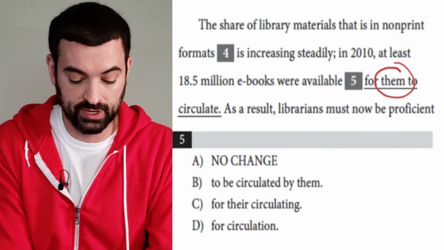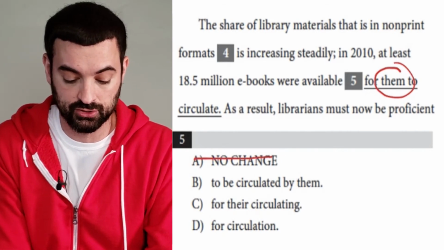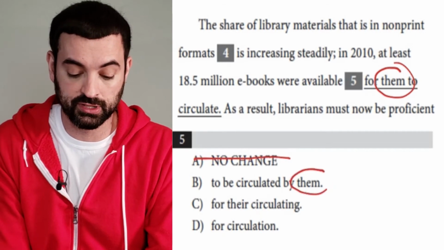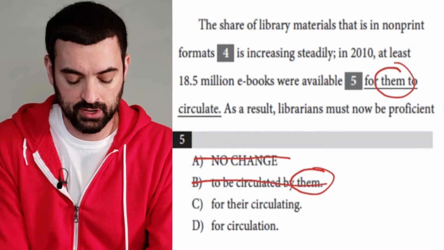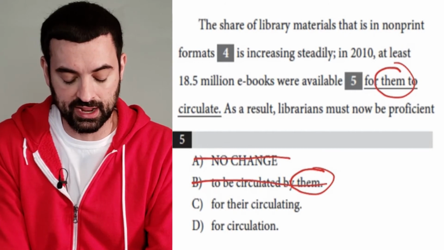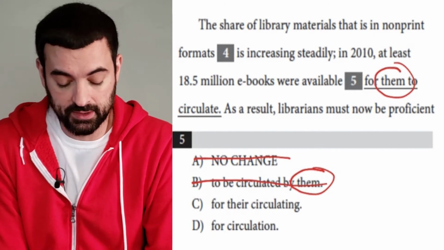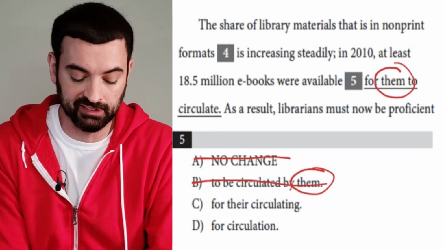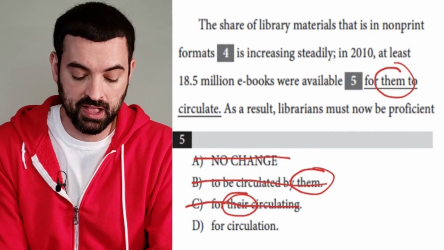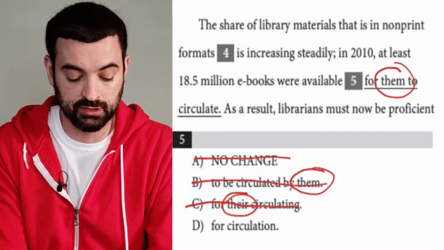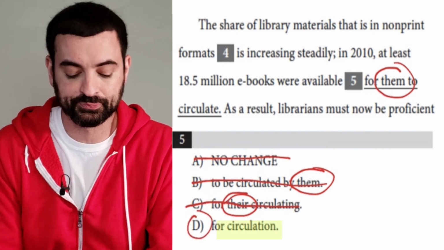So we're getting rid of A, which is no change. B also uses the word them vaguely. And for their circulating. Okay, so that could be the books. That could also be library materials. There is vague in C. And this is just for circulation. D.